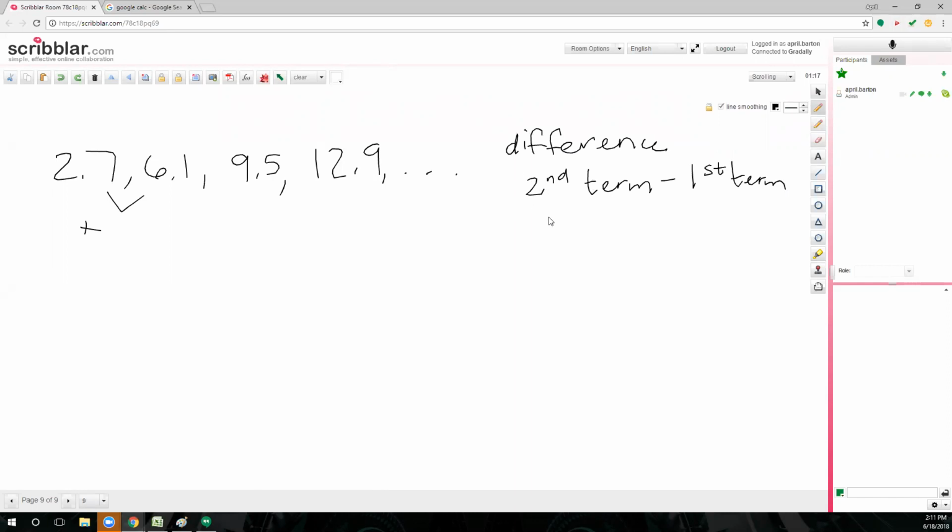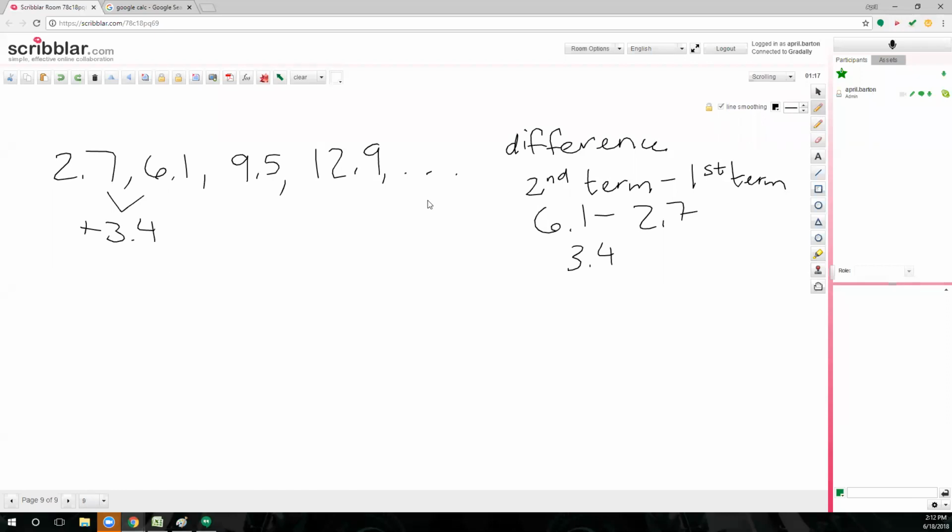Good, 6.1. Minus the first term, so minus the 2.7 is 3.4. So that's just another option of how to find the common difference if it's not clear just by looking at it. And good, someone else got that correct. Common difference as well, 3.4.